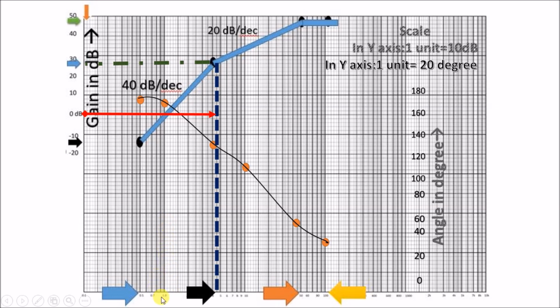But the question asks for the value of k at 5 radian per second. We found that at 1 radian per second k equals 0 dB, and at 5 radian per second the gain is 28 dB.